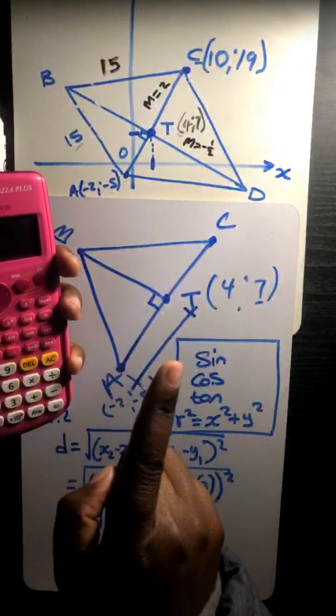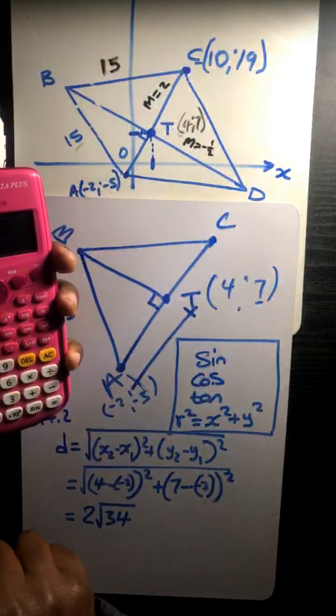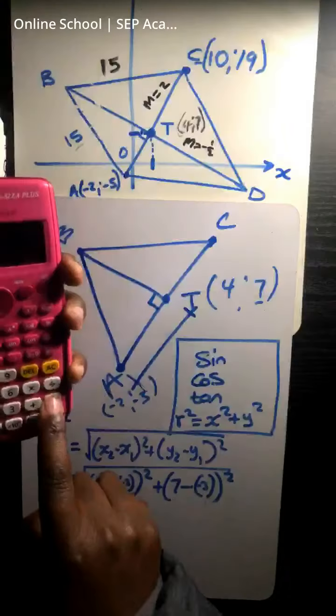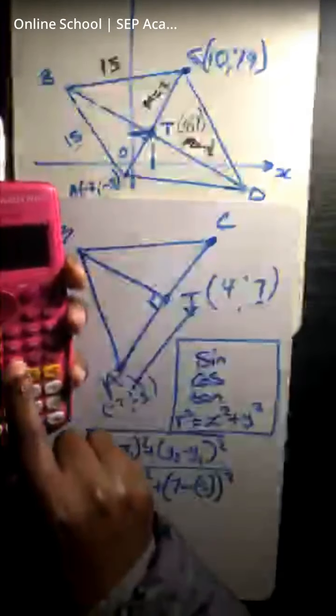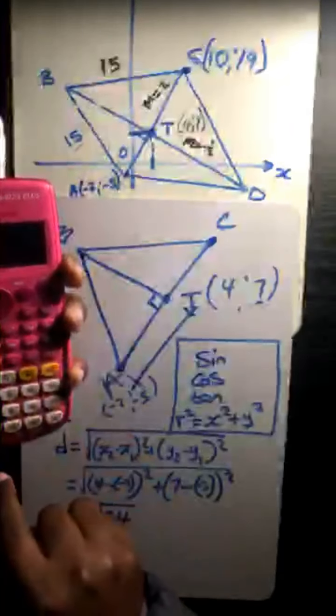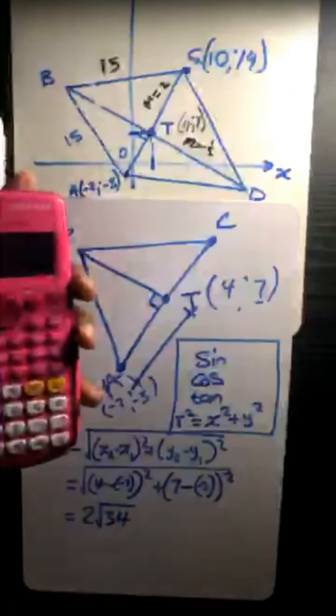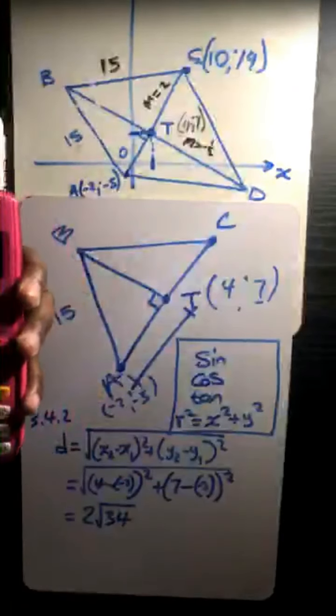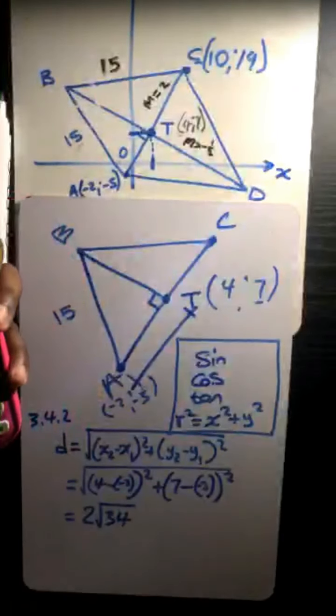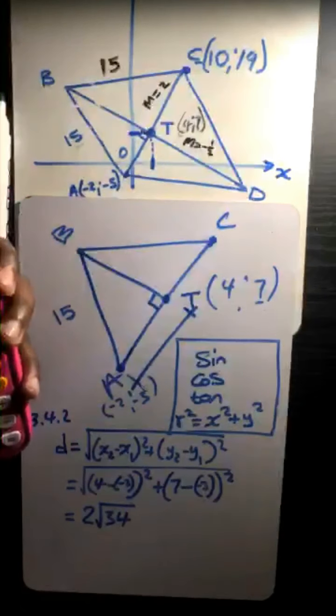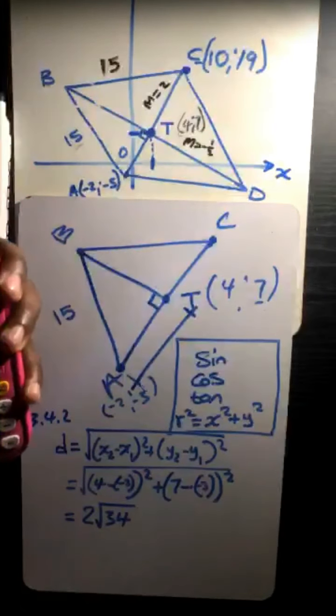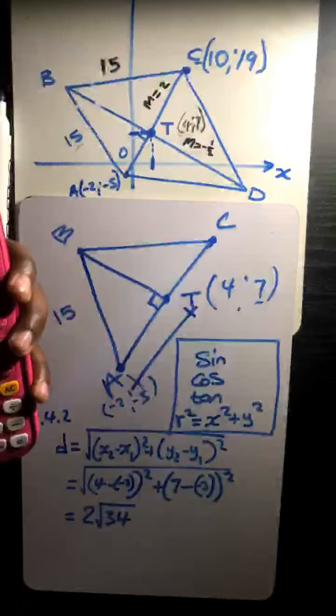What is y2? Y2 there is 7 minus negative 3, close, squared. How? 2 root of 34, guys, what's going on there? We have to get the same answer. So where did I make a mistake?